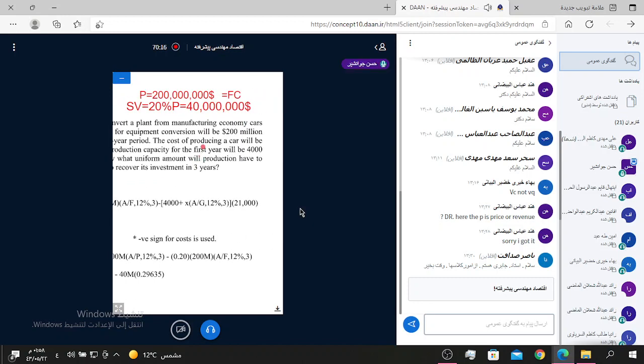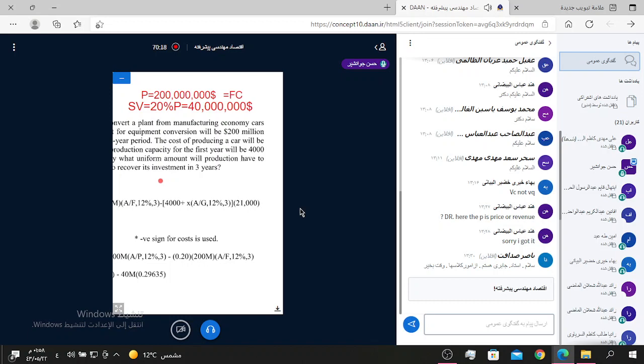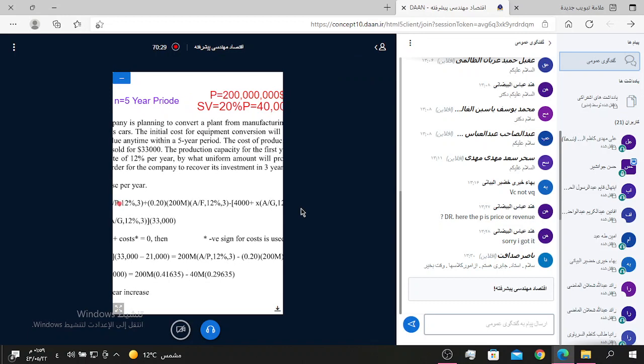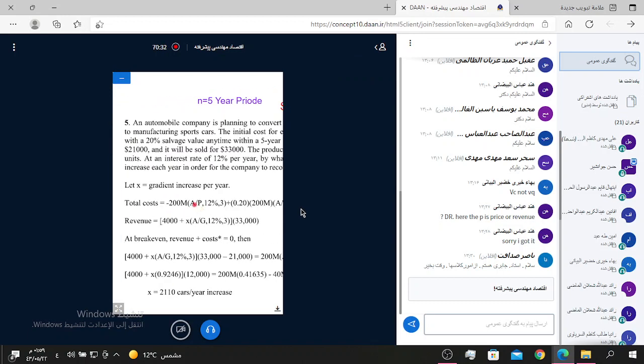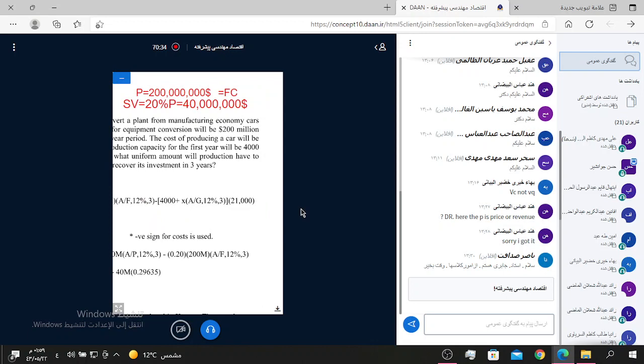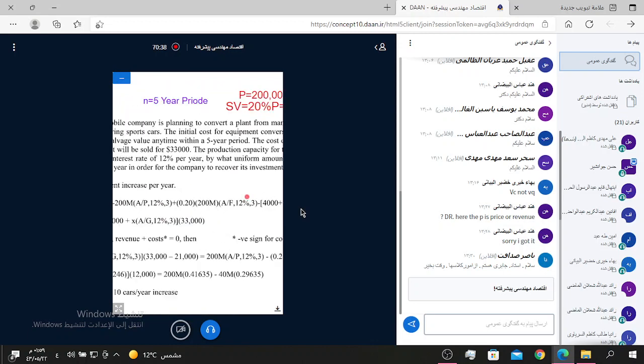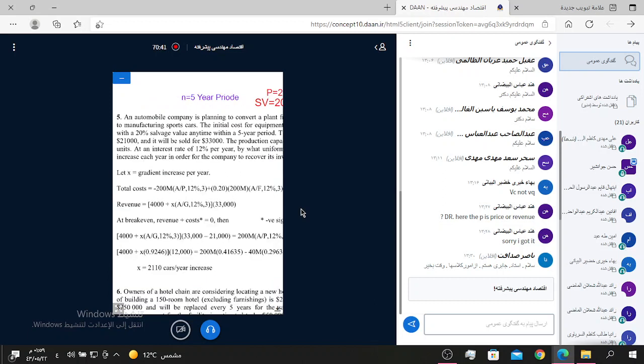The cost of producing a car will be this number, and it will be sold for 32,000.